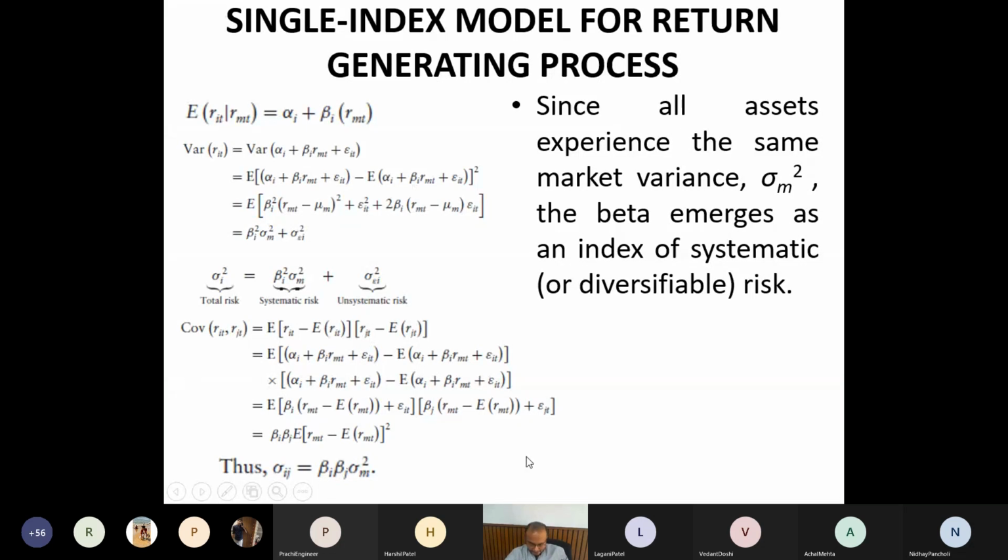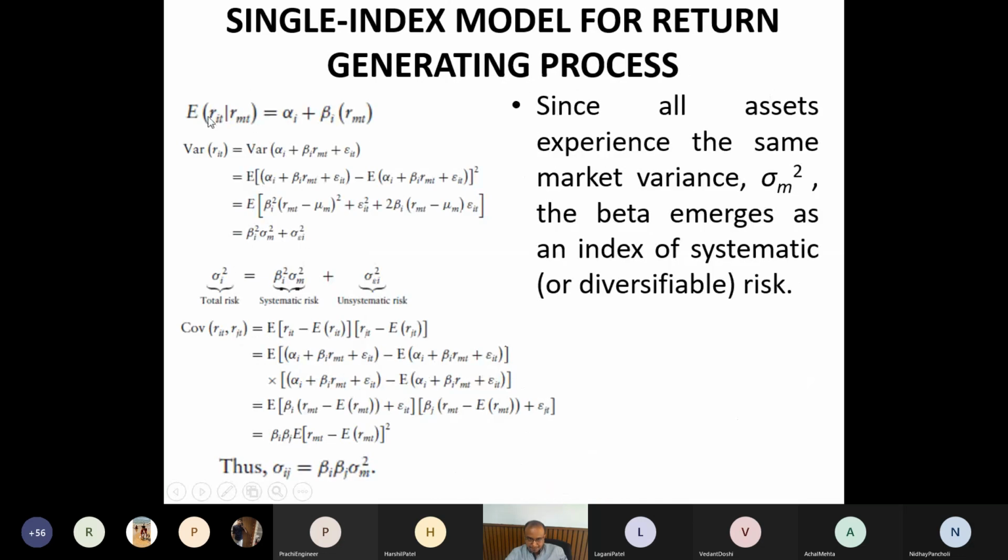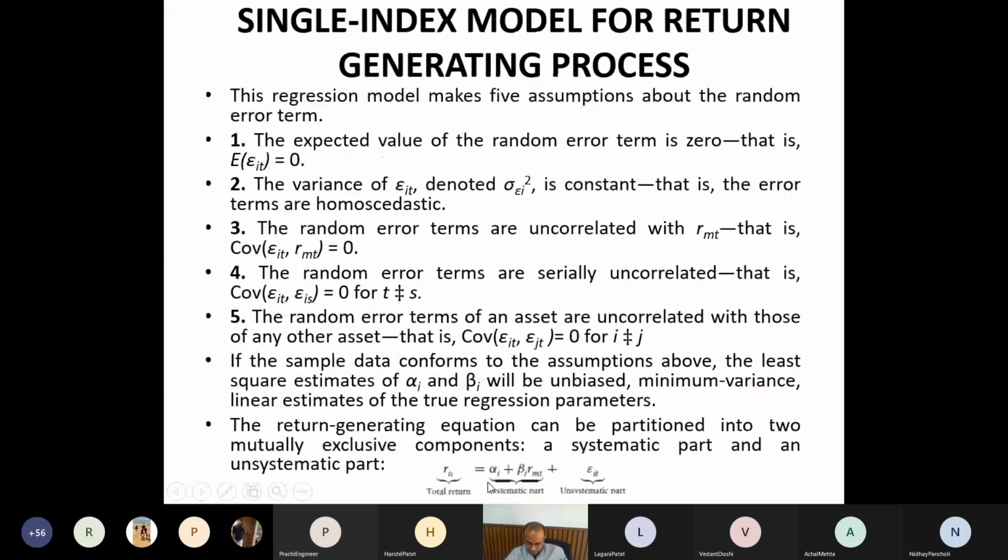So I take the expectation of RIT given RMT. I know RMT and I am finding the expected value of RIT given RMT. That is called conditional expectation. If I apply the expectation operator on both sides, it becomes expectation of alpha I given RMT.